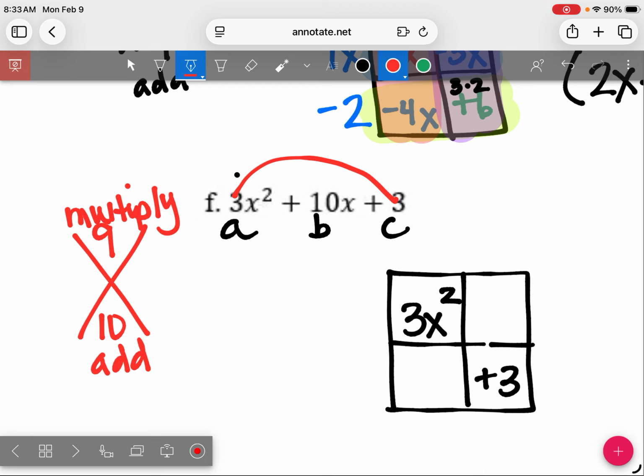And the only thing that can give you 9 is 1 times 9 and 3 times 3. So we're using 1 and 9. So I'm going to put a 1x and a 3x.